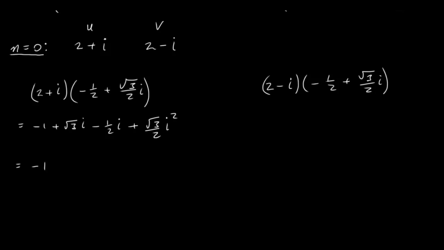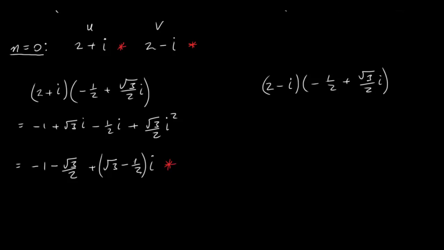Minus 1, we have minus 1 minus root 3 over 2, because of the i squared here, it's going to change the sign. And then out here we have plus root 3 minus a half i. Okay, so this is our second u solution. So this was our first one here. Just mark that. I'll mark these two, and I'm going to mark this one here.